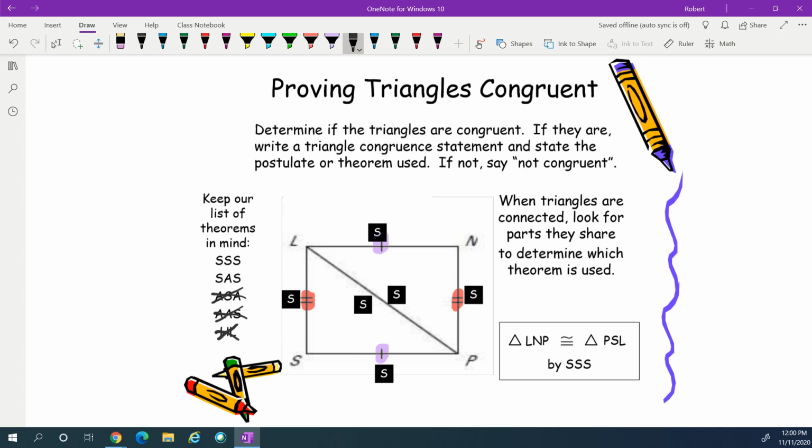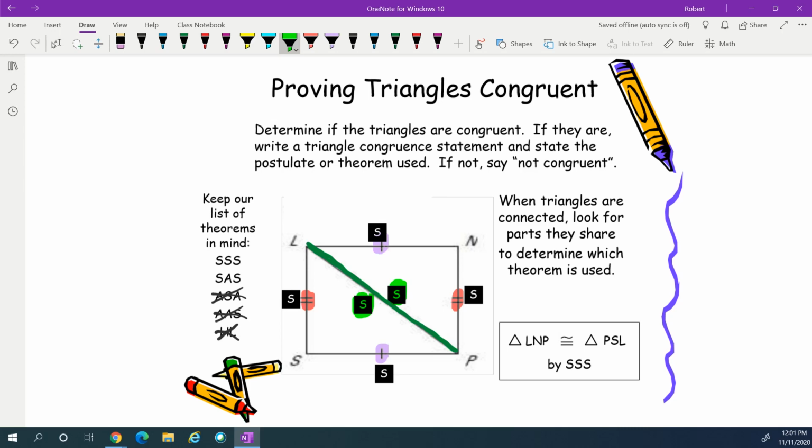Now look at segment LP. Notice I marked it twice, and think about why. It is the third side of the bottom triangle, but it's also the third side of the top triangle.